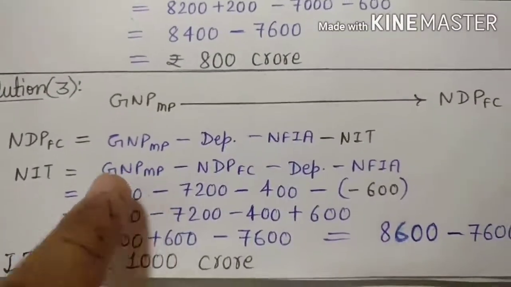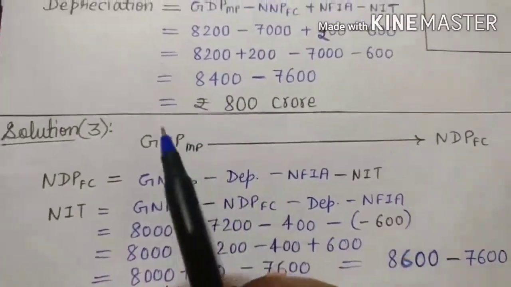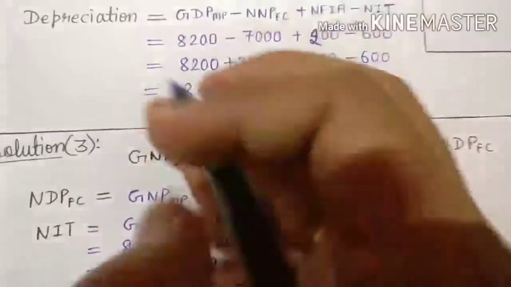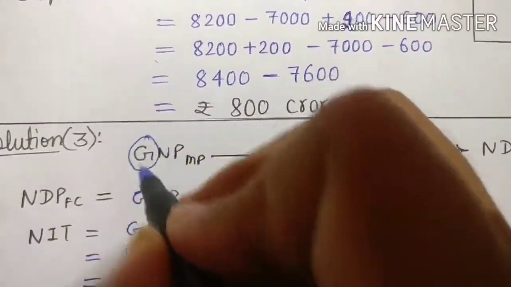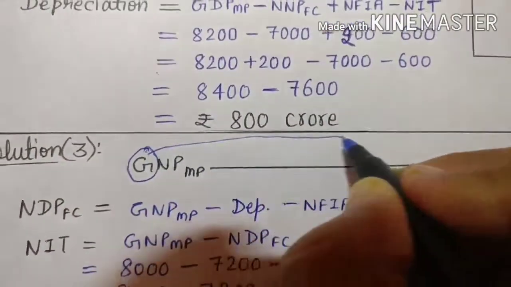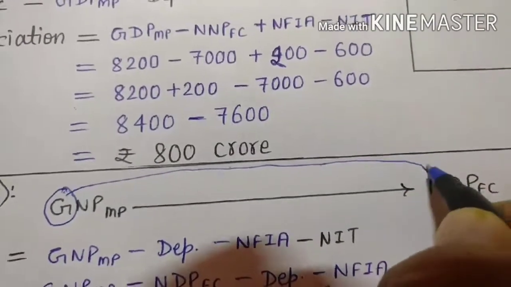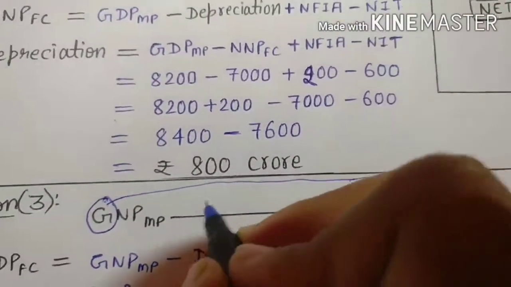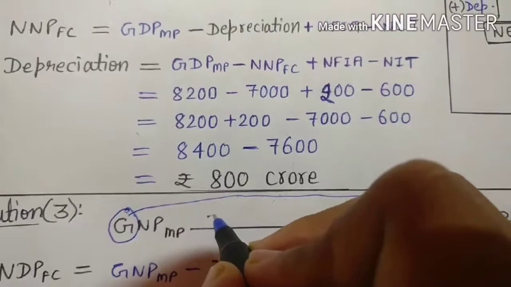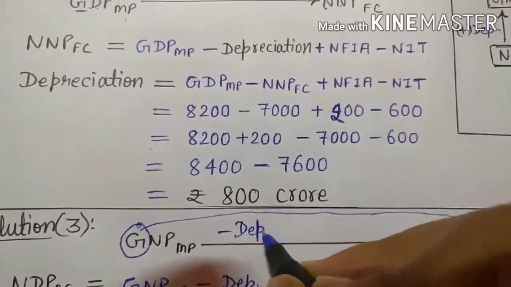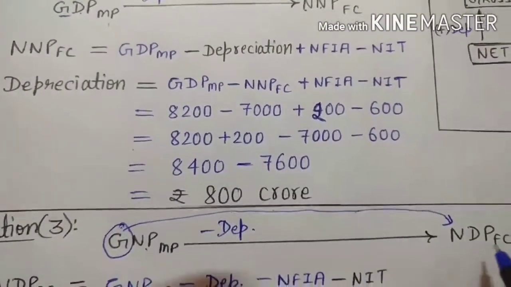First is gross. This gross will convert into net. So gross to net, we have to do minus DAP.